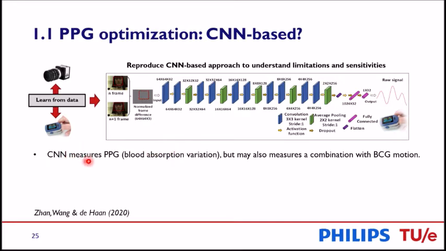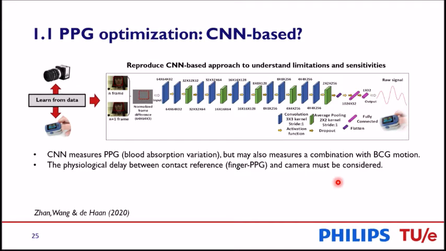That means the CNN really learns about the blood absorption variation because that's wavelength dependent, not only the BCG motion, but we cannot guarantee that it does not measure the BCG. And actually, this is quite critical for medical applications if it measures both. For example, it cannot be used for the SpO2 measurement.